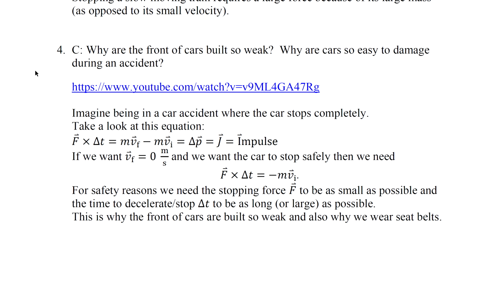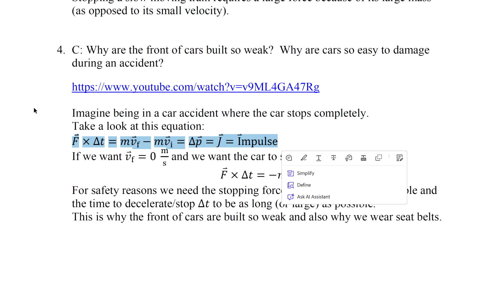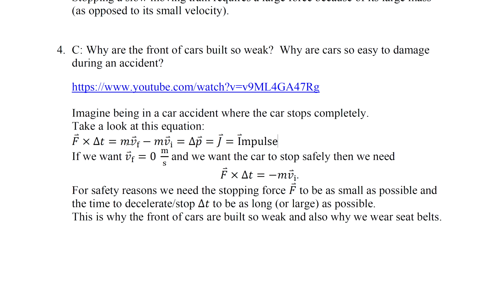Question 4. Why are the front of cars built so weak? Why are cars so easy to damage during an accident? So imagine being in a car accident where the car stops completely. Take a look at this equation. So this is the equation from problem 2. If we want v final to be 0, we want the car to stop safely. So we have this equation.